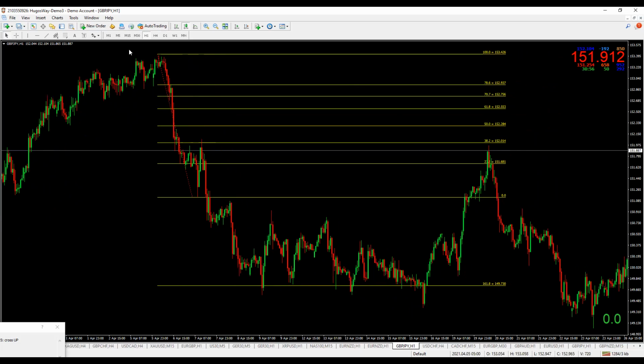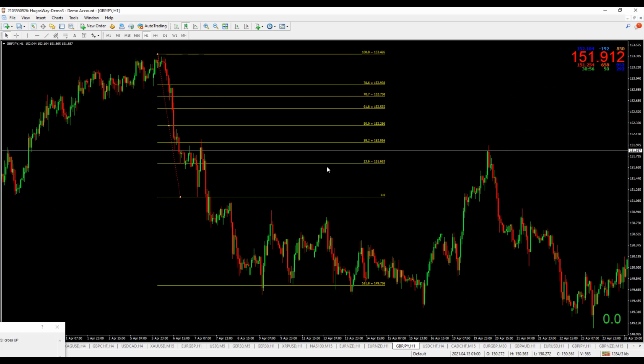We know when it comes to retracement, there is the 23.6. When price retraces to 23.6, obviously that is a shallow retracement. Traders usually want to start getting in the market when it gets to at least the 38.2, the 50.0, or most definitely the 61.8.